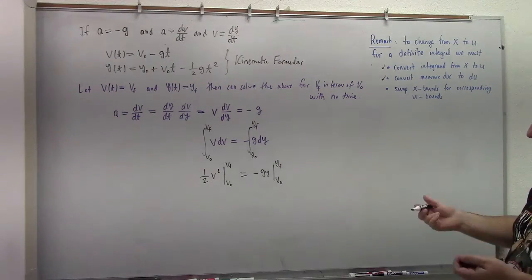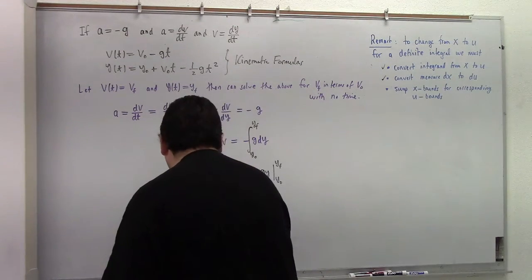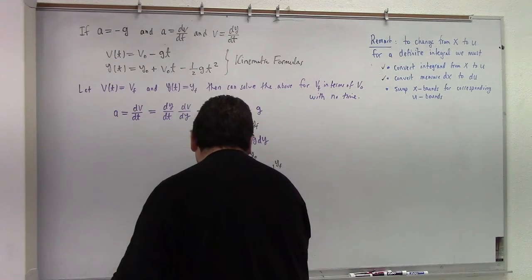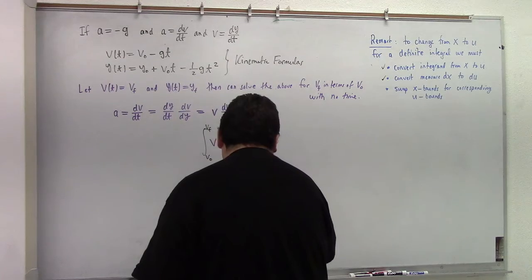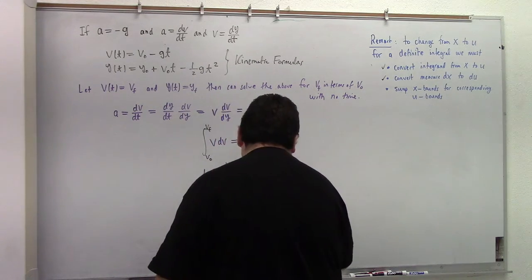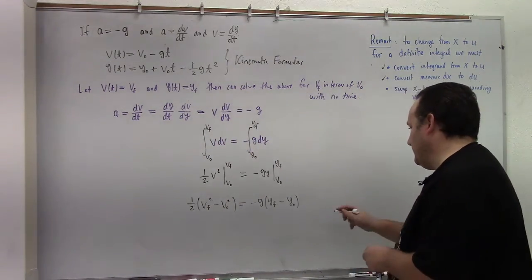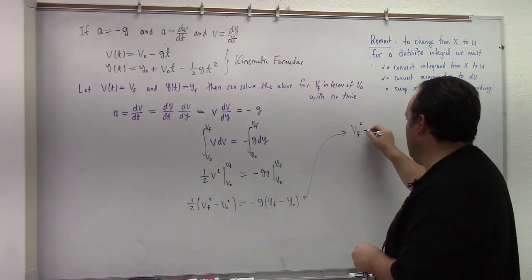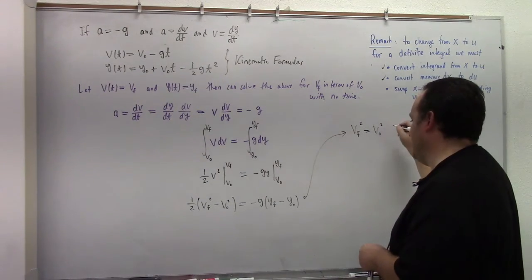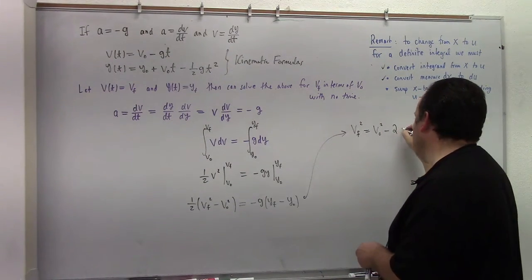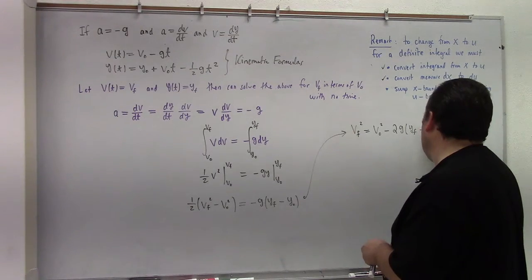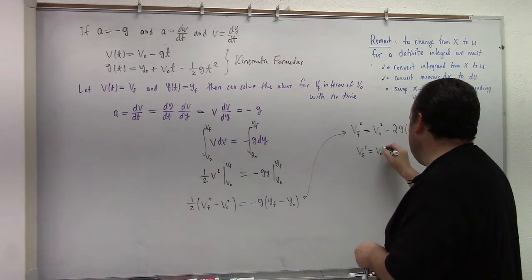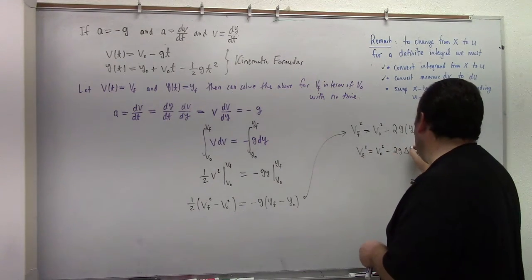And so, hence, I get 1/2 vf squared minus v naught squared is equal to minus g times yf minus y naught, which you could solve for vf squared equals v naught squared minus 2g times yf minus y naught, which perhaps you've seen written as this, vf squared equals v naught squared minus 2g change in y.